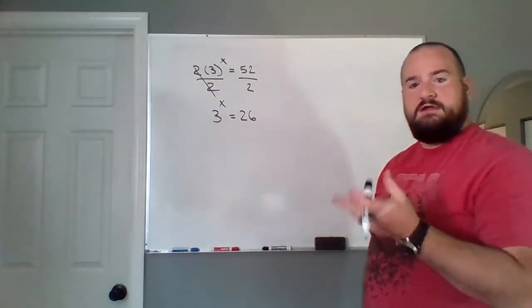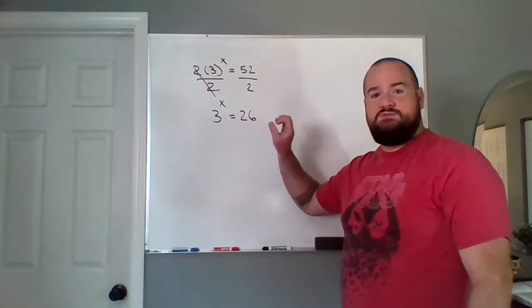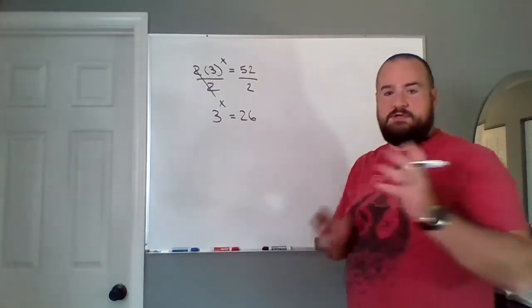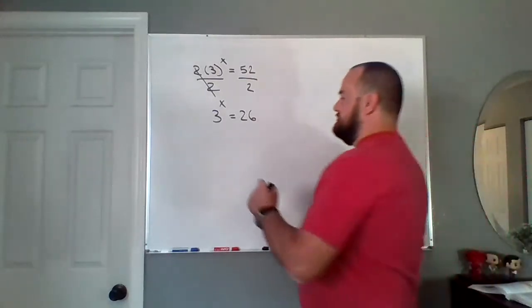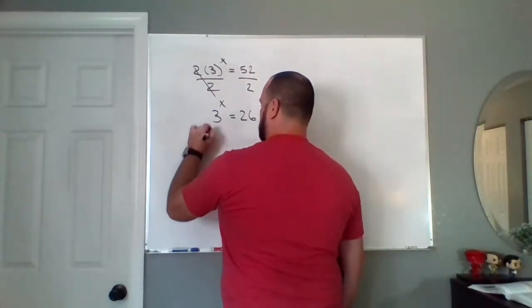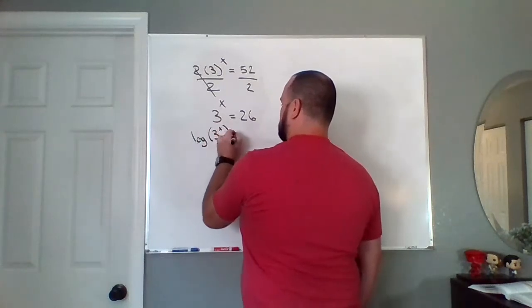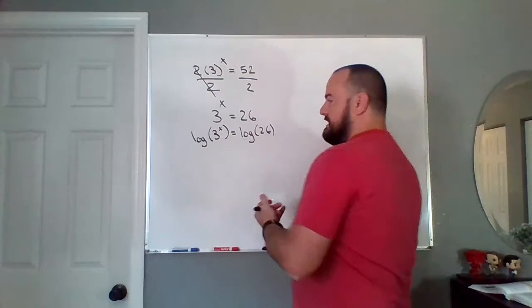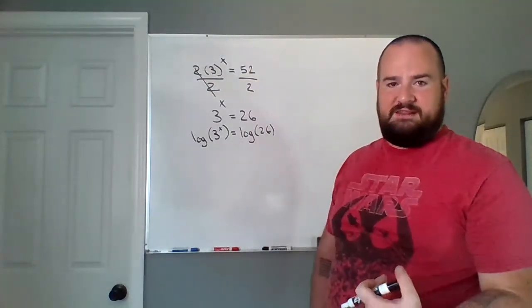That's okay, because what I can do now is use logarithms and take the log of both sides. And again, we're going to use the one that we can do in our calculator. So we're going to take the common log of 3 to the x equals the common log of 26. From here, it's pretty much the exact same as the last example we just did.